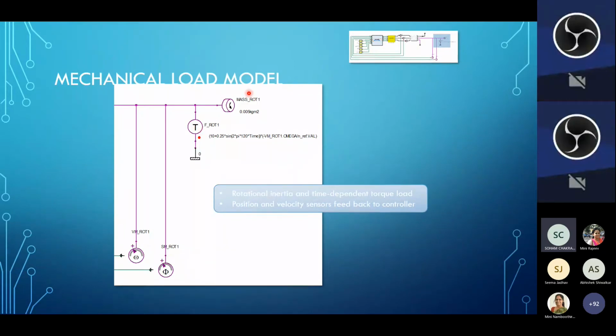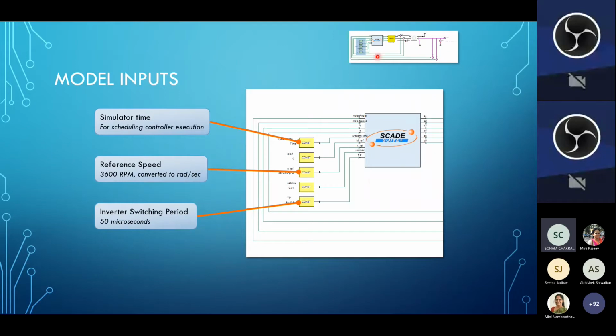You can see this mechanical load. It's not just an electrical load; it's a mechanical load. You specify how much mechanical load is given, how much torque it gives, how much friction and other things. All those things can be programmed here, like inertia and other things. And similarly, this SCADE part here is the controller part.